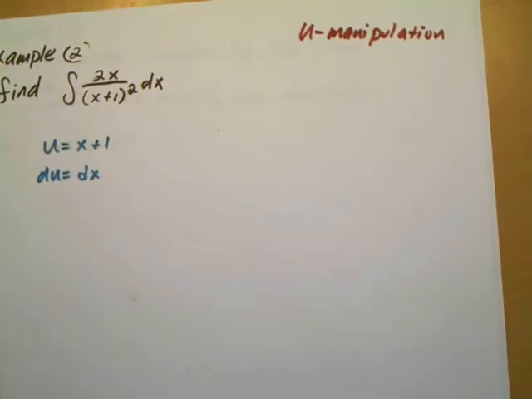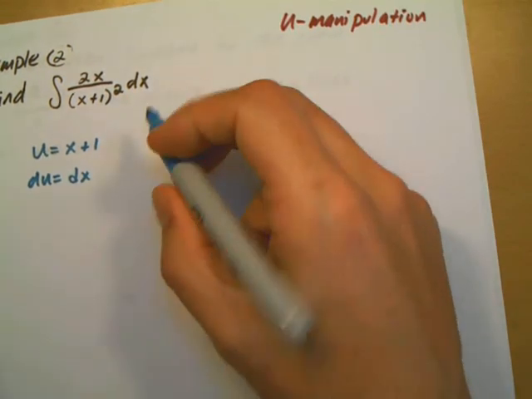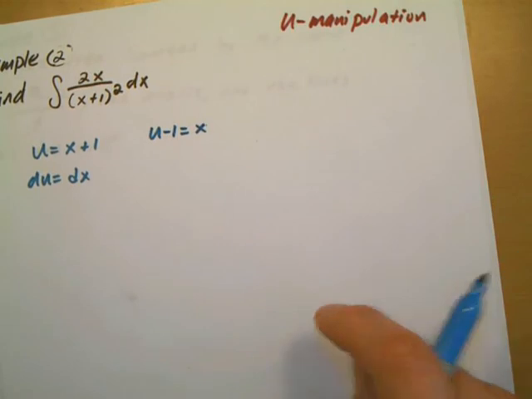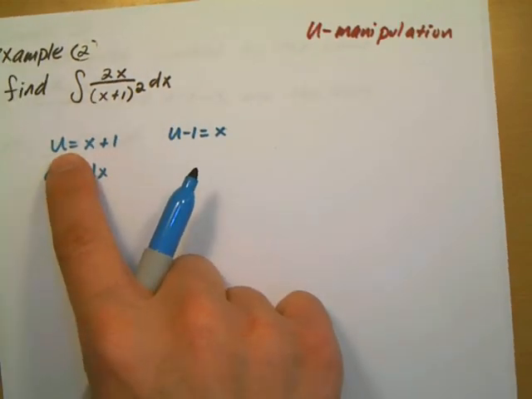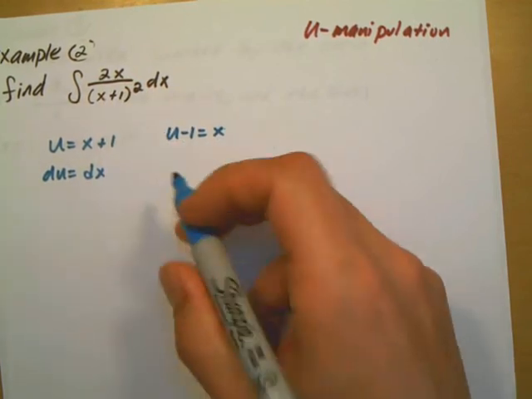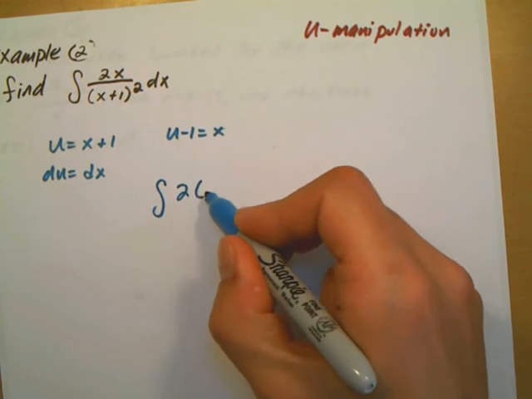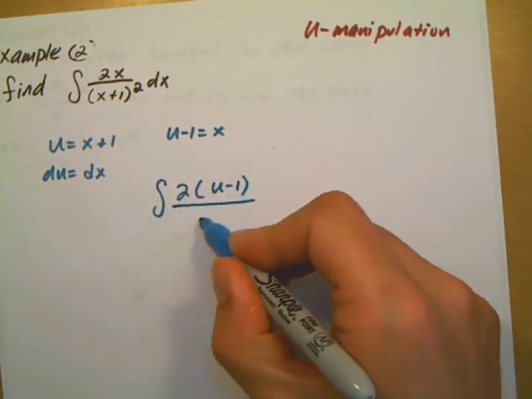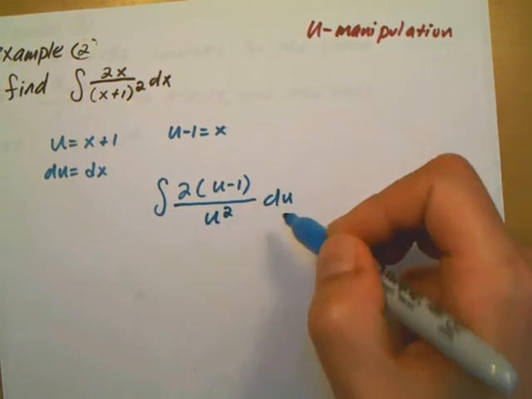In this u manipulation, I go ahead and I solve for x. So that means that x is the same thing as u minus 1. All I did was subtract this 1 over. And so I'm going to replace x up here with u minus 1. So my integral is going to be a 2 parentheses u minus 1 all over u squared and then du.